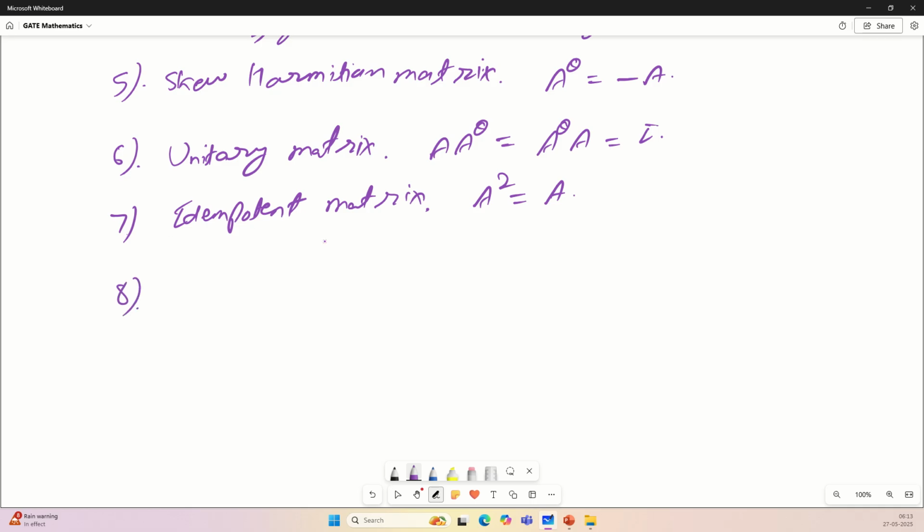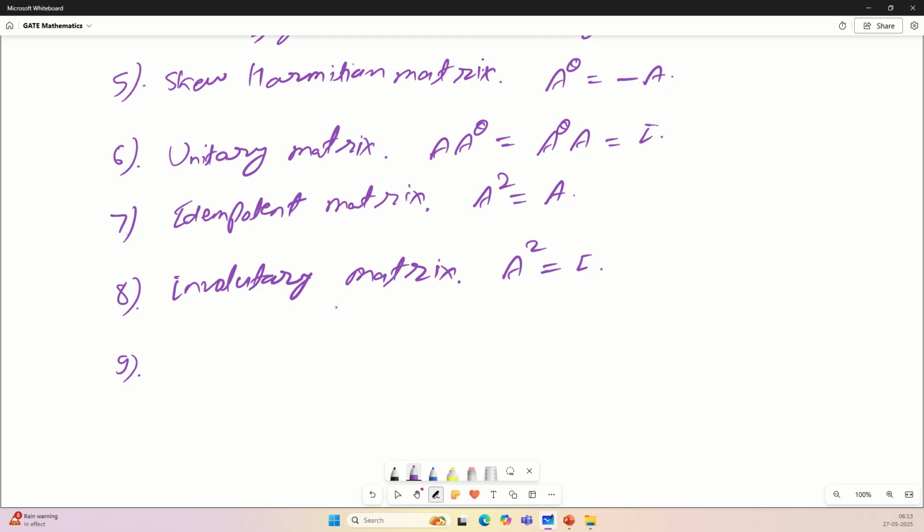Next one is involutory matrix. Involutory matrix says that if you find the square of a matrix and if it becomes identity matrix, okay? So like a matrix A is there, and if you find the square of that matrix and it comes identity matrix I, then it becomes involutory matrix, okay?